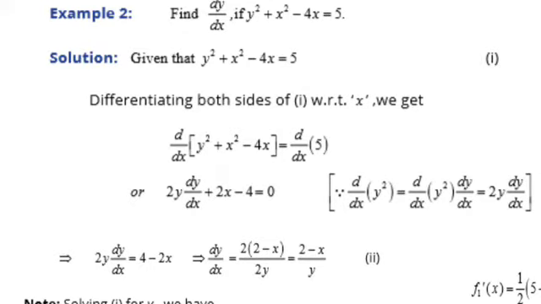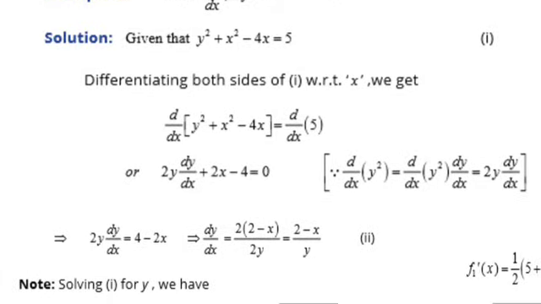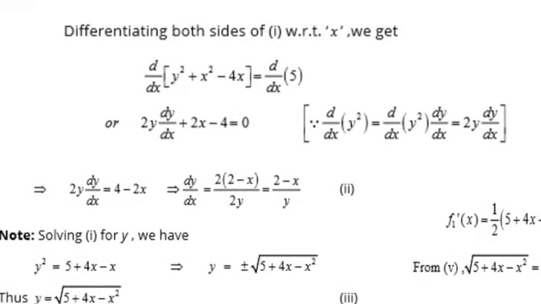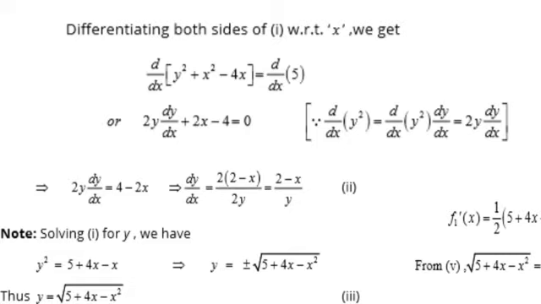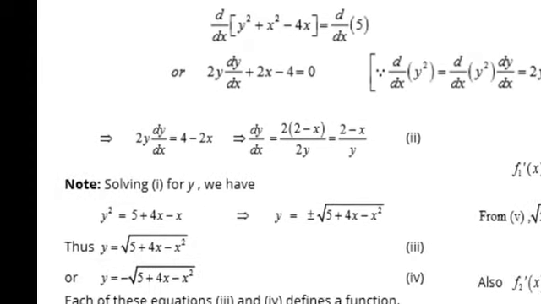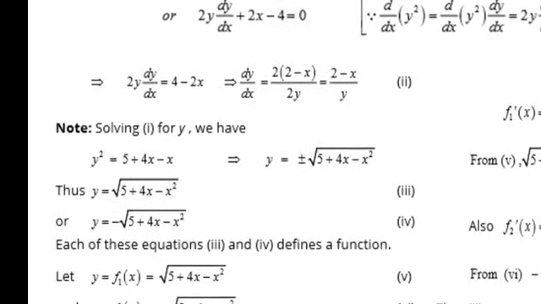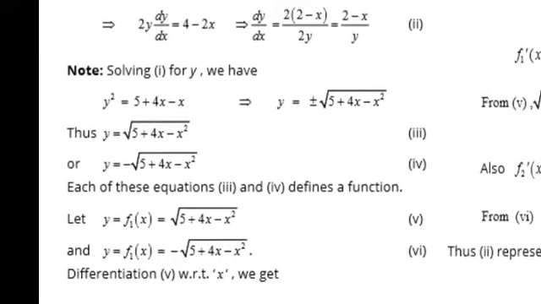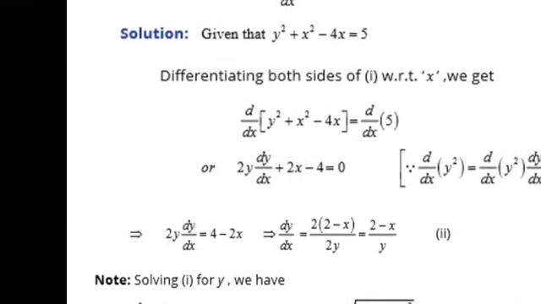The derivative of x square is 2x, the derivative of 4x is 4 because the derivative of x is 1, and from here we find the value of dy by dx. This is the other way to solve this question, but the first one is easy.